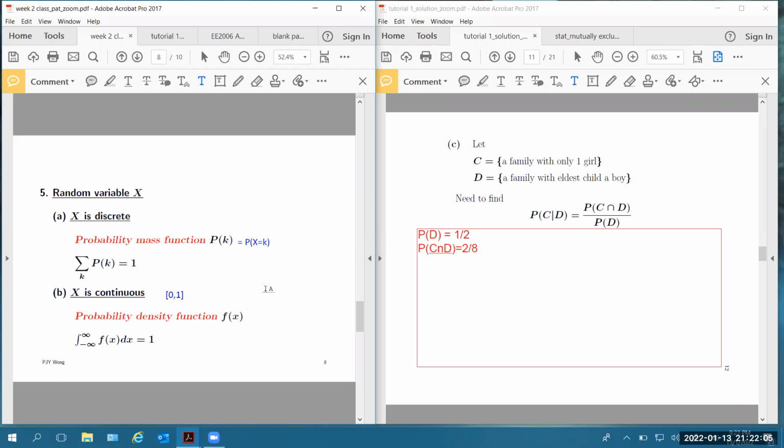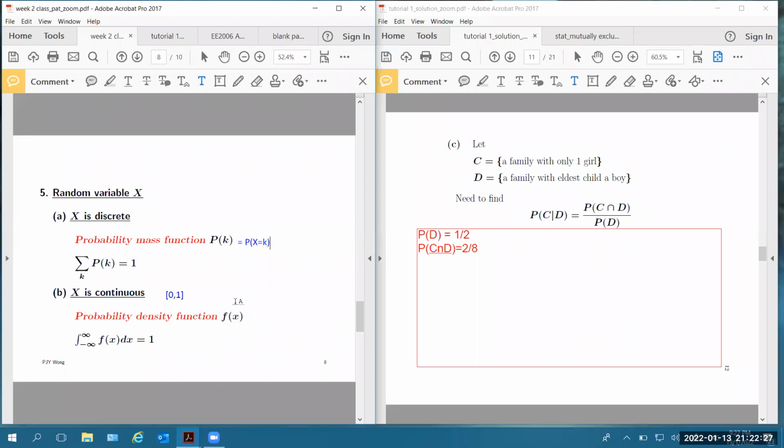Then you want to ask me, right? Just now the probability mass function PK is the probability of X equal to K. So this probability density function, is it also a probability? The answer is no. This one is not a probability. But we use it to calculate probability. Itself is not a probability.